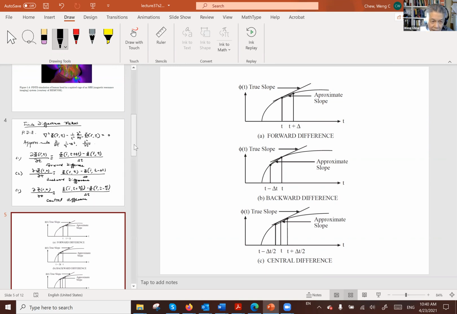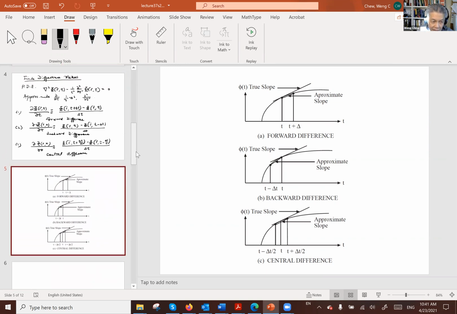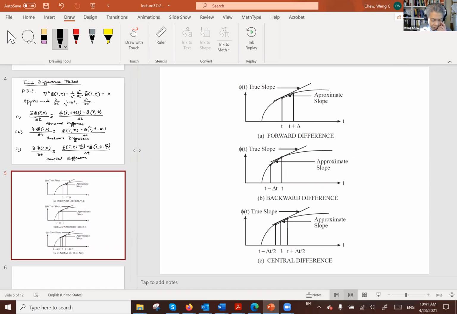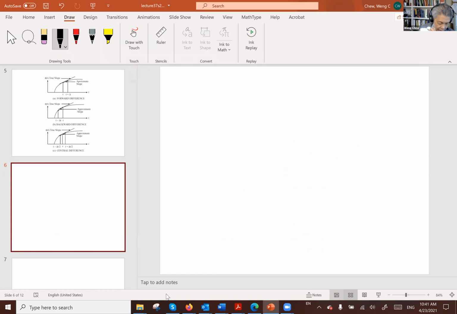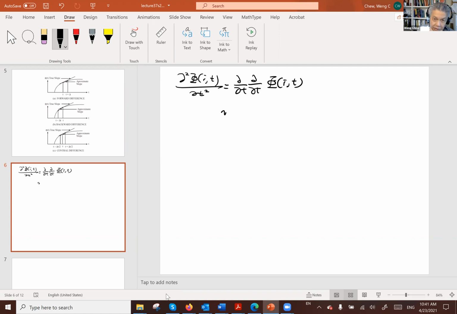Then you can generalize this idea to taking second order derivatives. So if you apply this method two times, if you want a second order derivative, like what you encounter here, then the second order derivative, I won't go through the detail, would be the application of the first order derivative two times. And if you were to go through the central difference approximation, I'm going to use central difference approximation because it is the best of the three.